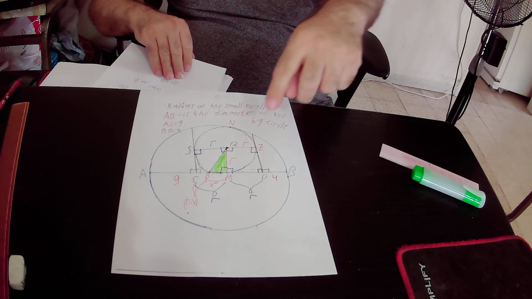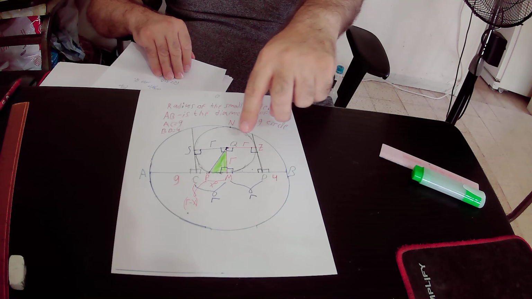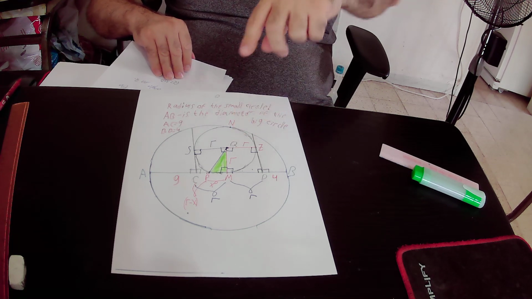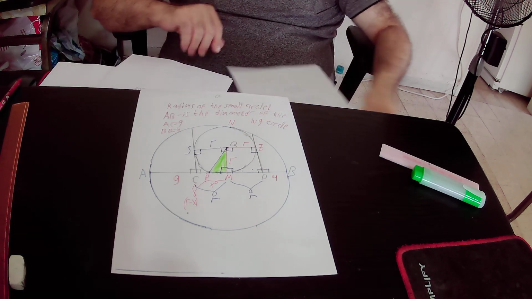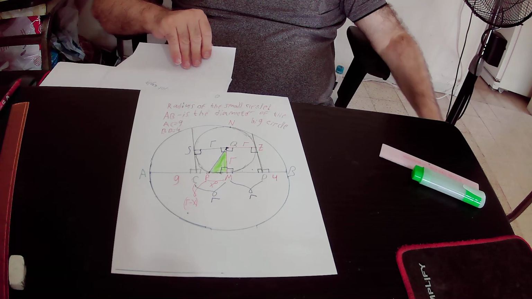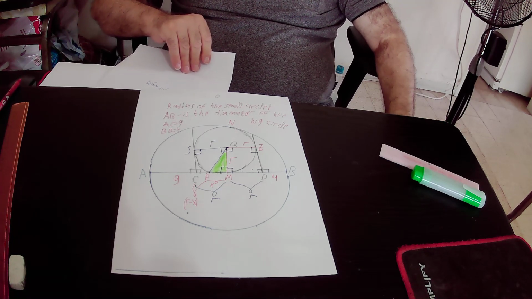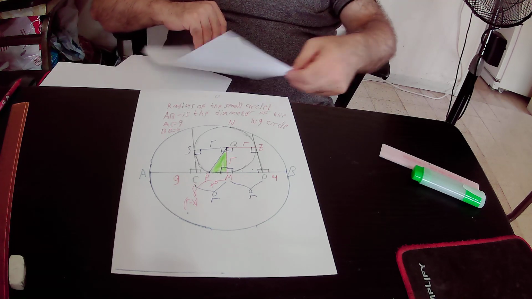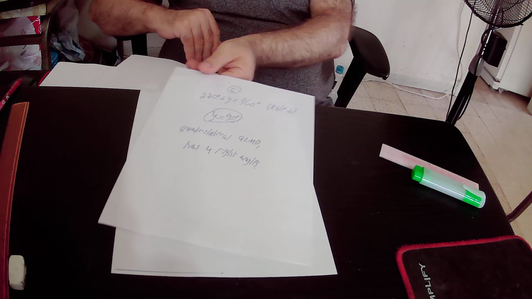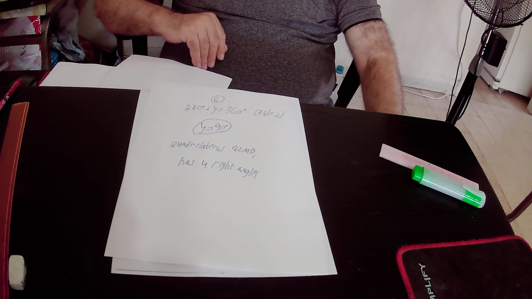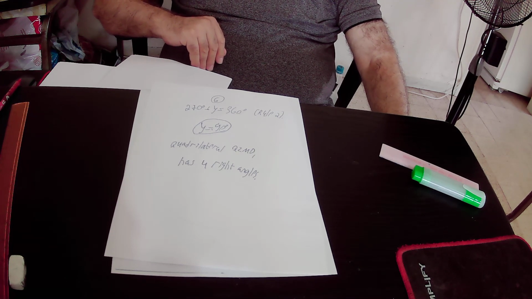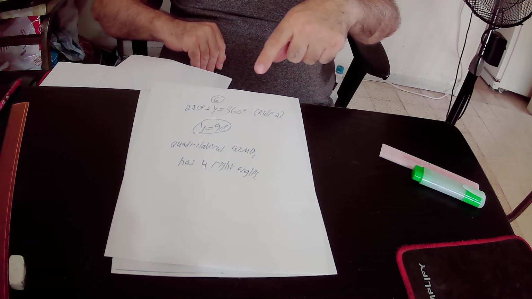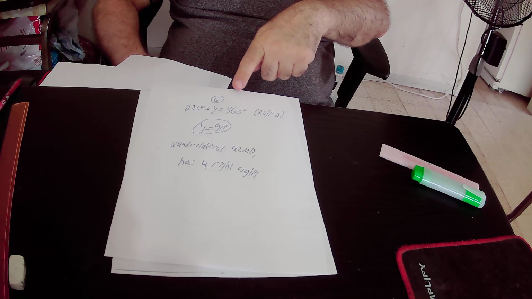If we define the size of the fourth angle as y, then according to rule number 2, the sum of the angles inside quadrilateral QZMD must be equal to 360 degrees.